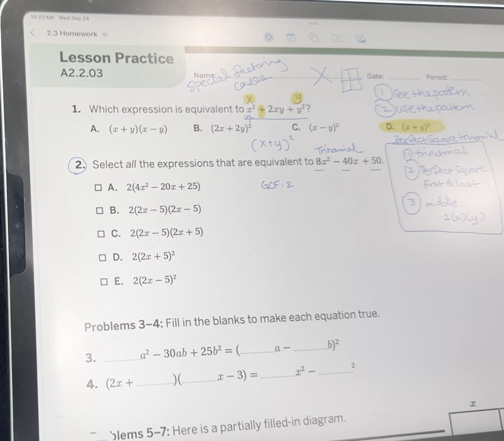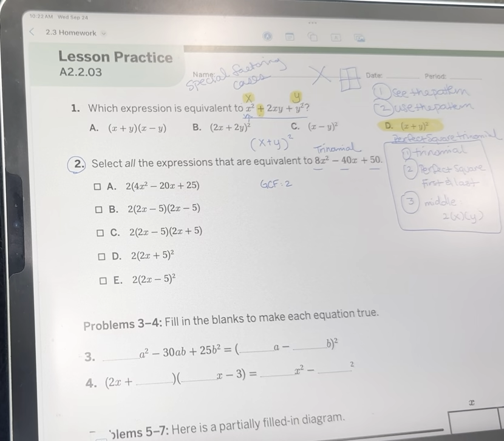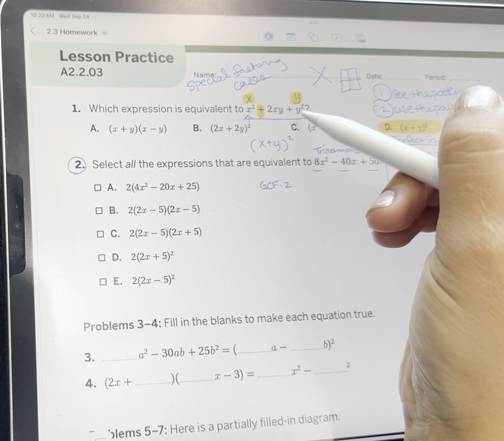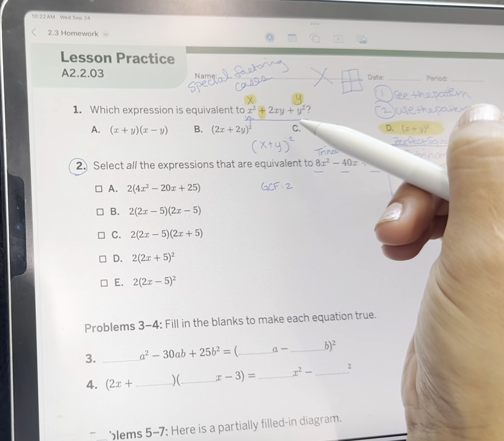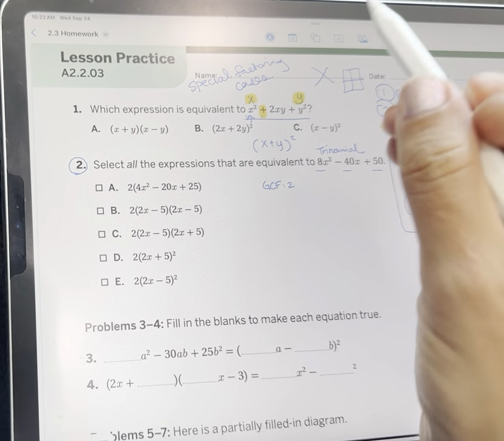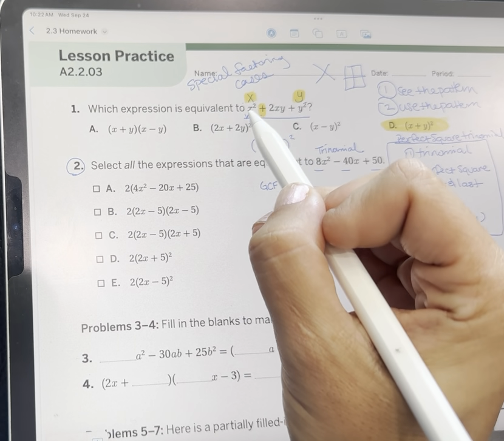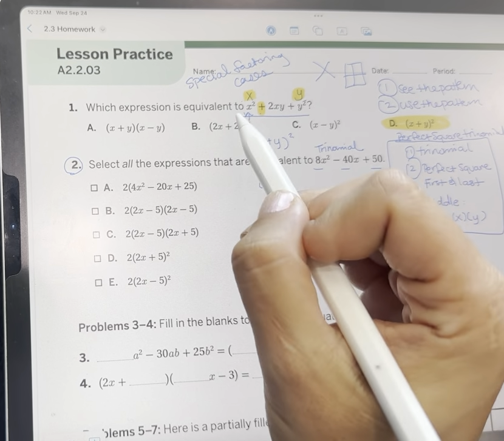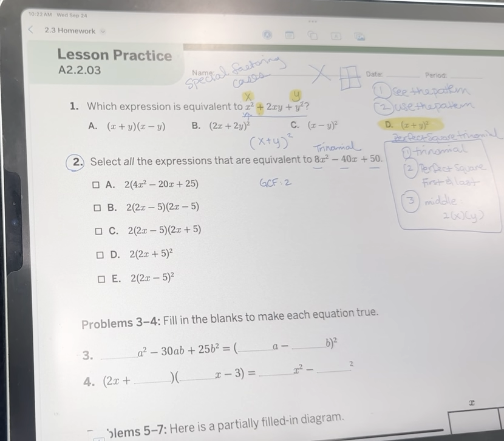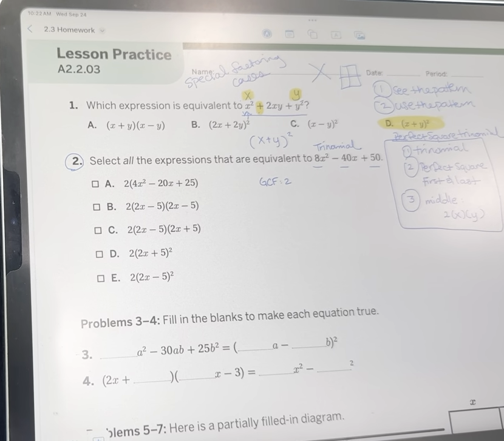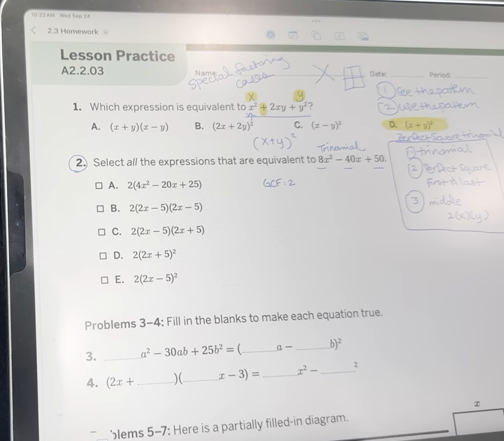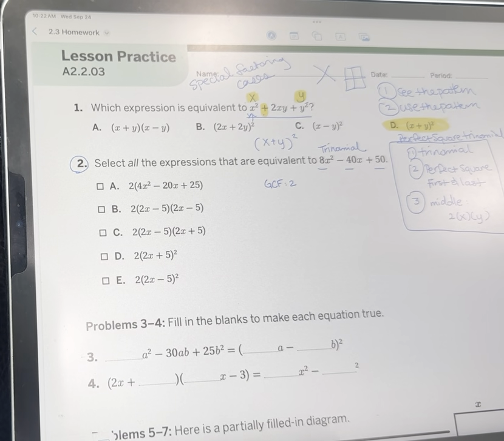So the first rule of factoring, you guys, is always take out the GCF. Now, maybe it seems like I didn't do that on the previous problem. I didn't mention it out loud, but when I saw that my x squared had no coefficient, the coefficient is 1, I knew there was nothing I could take out. So I kind of didn't explain that. But please always look for a common factor first. That's the first rule of factoring.